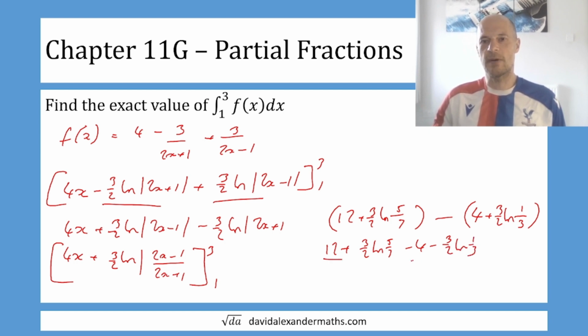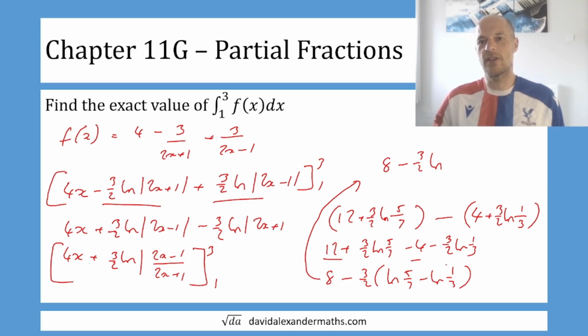Now 12 take away 4 is 8, so that's 8 minus 3 over 2 lots of ln 5/7 minus ln 1/3. And we can write that as 8 minus 3 over 2 ln of 5/7 divided by 1/3, which is 15 over 7.